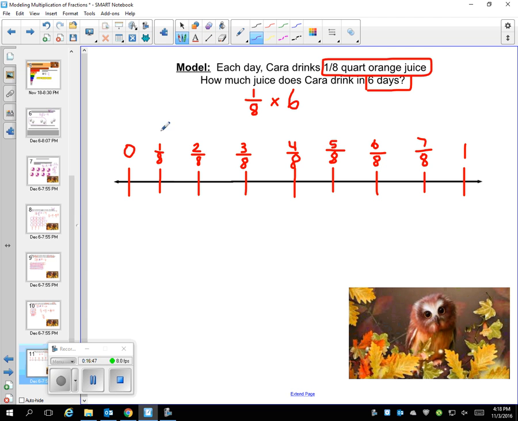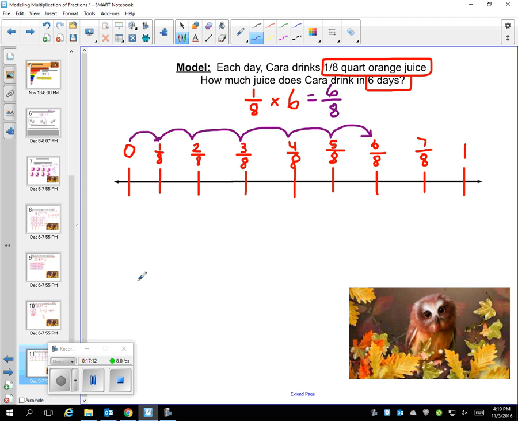So that means I have 6 groups, 6 times. So I'm going to go 1. So 1 times 1/8 is 1/8. 2, 3, 4, 5, 6. So my answer is 6/8.